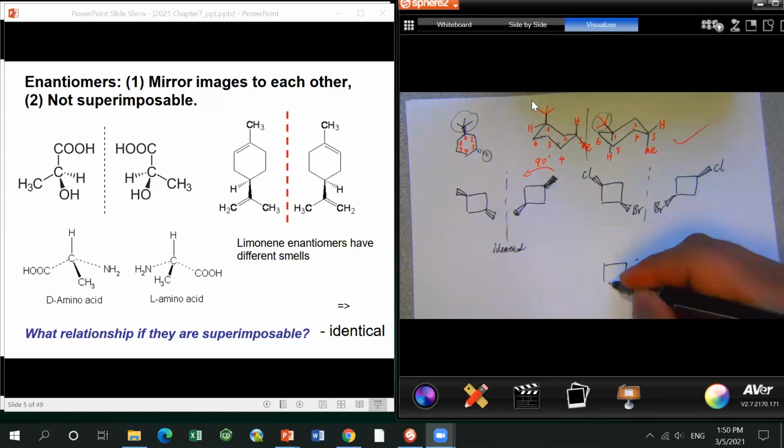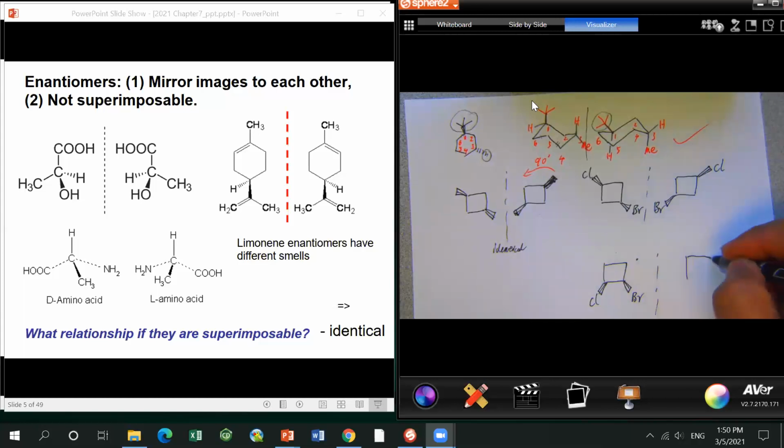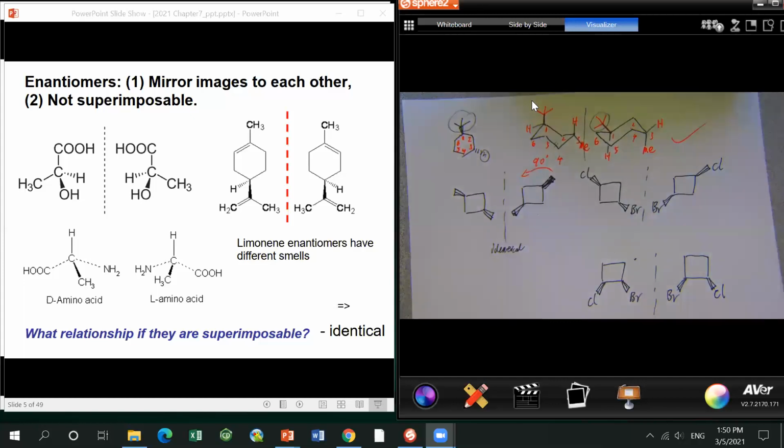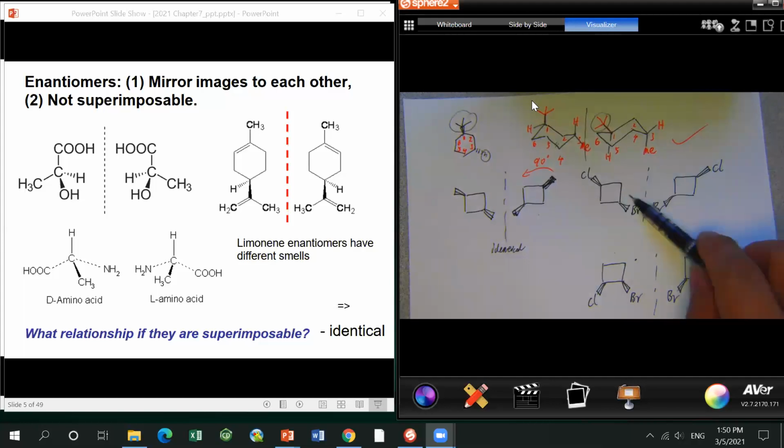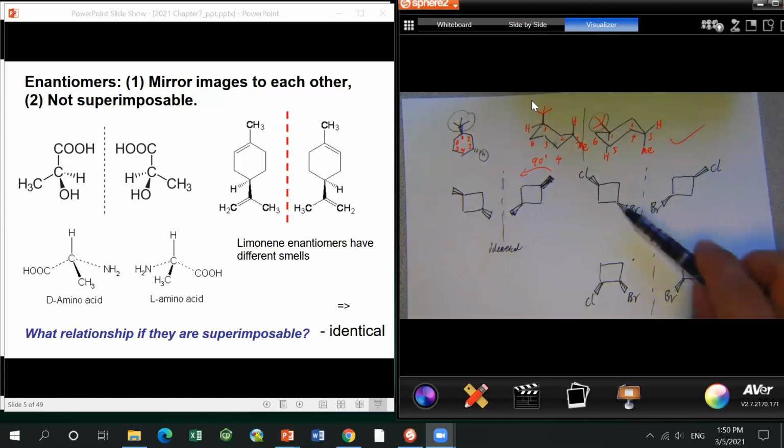And then I draw you a last one, also mirror imaging. So we have two pairs of molecules. Can anyone tell me the relationship between these two compounds and also these two compounds? The top, is it enantiomer or identical? The bottom, enantiomer or identical?